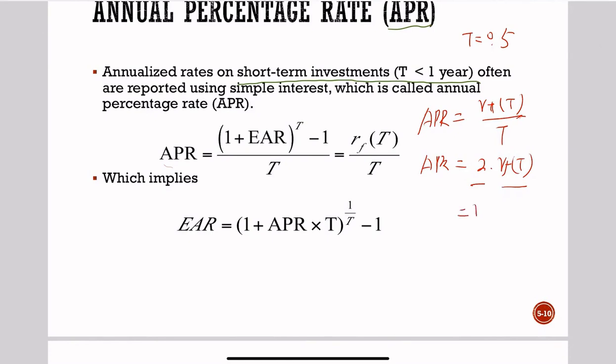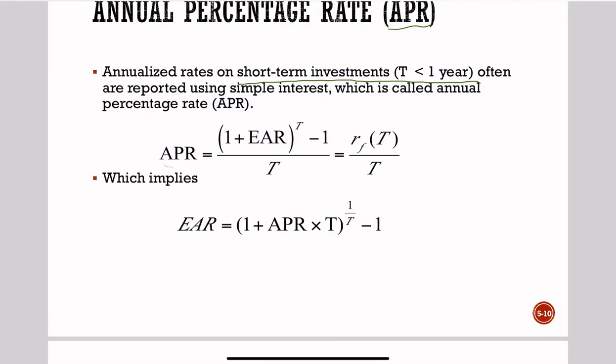You will just use the first 6 month return, and then add the second 6 month return. This gives you APR. And if T is more than 1 year, let's say T is 10, then it's essentially the total return you get over 10 years divided by 10. Okay, because we know this holds.